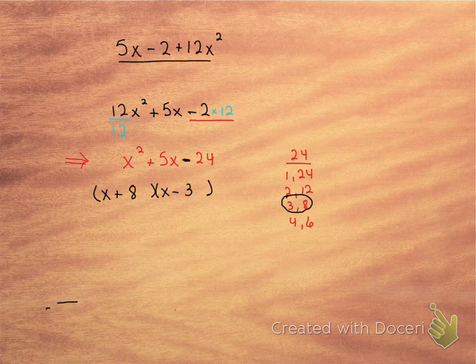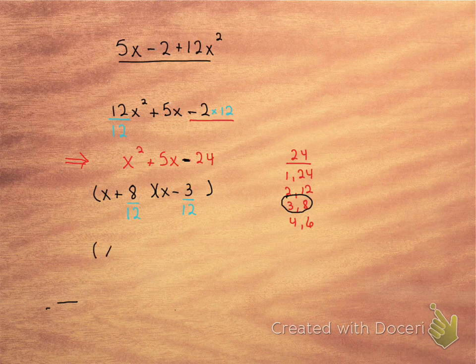Now what we need to do is reintroduce the 12. So we will divide each one of the numbers in our factor by a 12. Okay? And reduce the fraction if you can. Every time, reduce the fraction if you can.